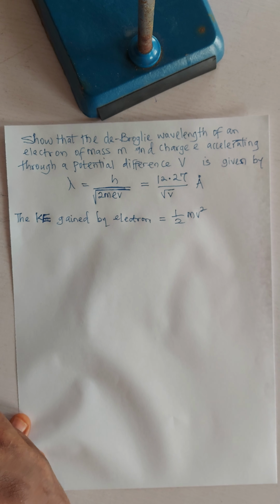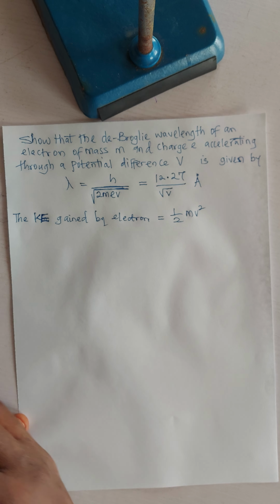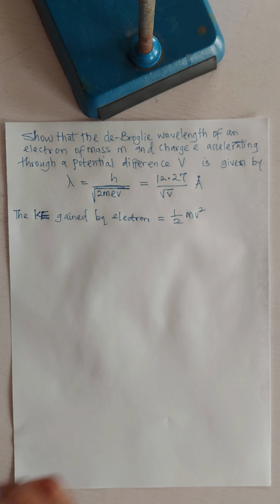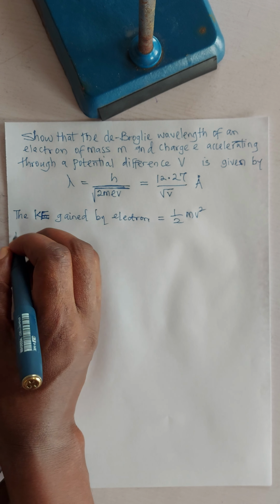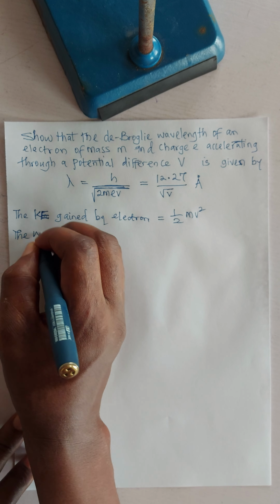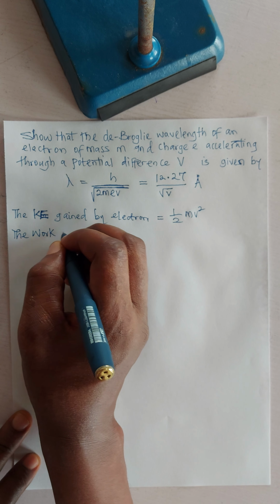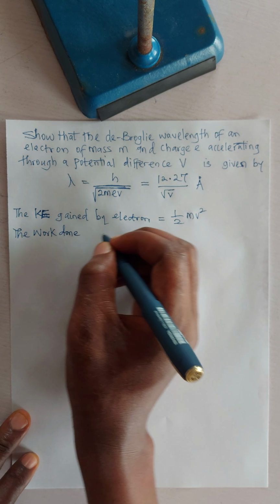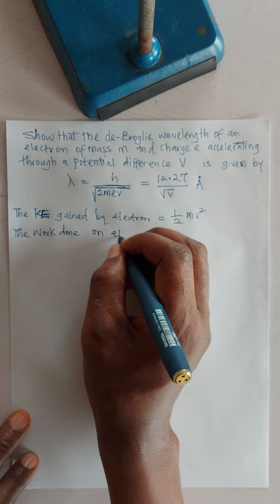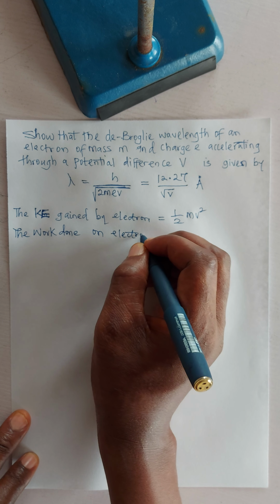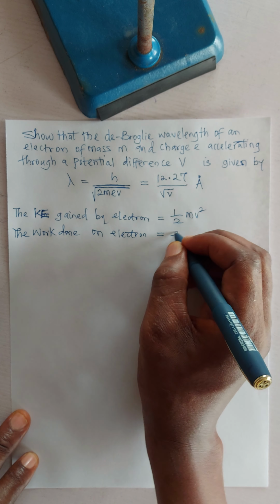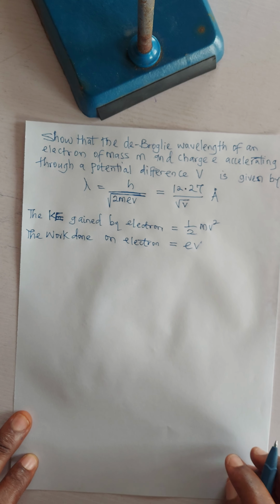The next thing I'm going to write out is the work done on the electron. The work done on the electron is equal to eV. Okay?